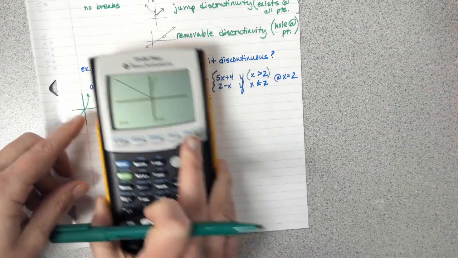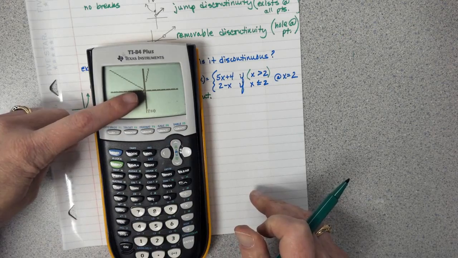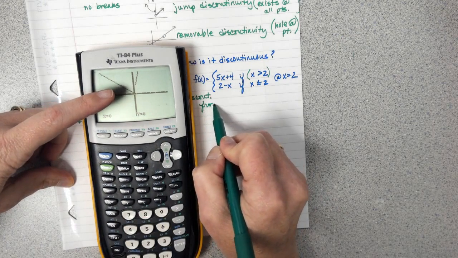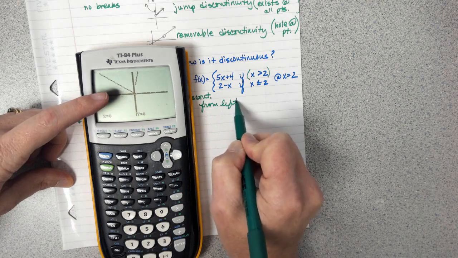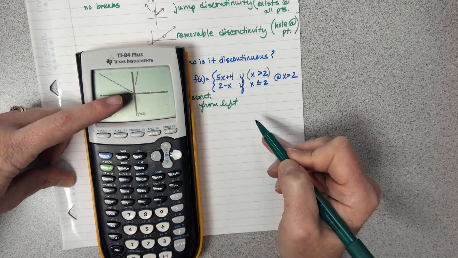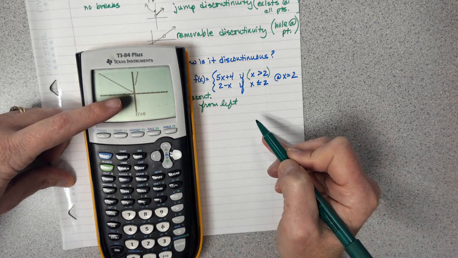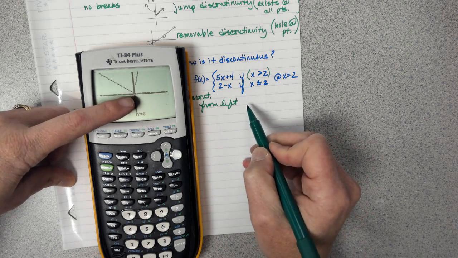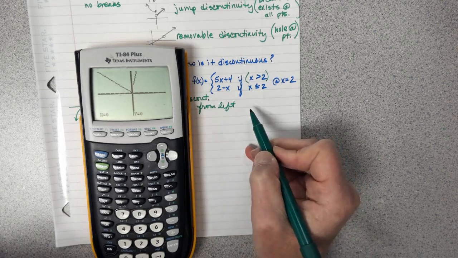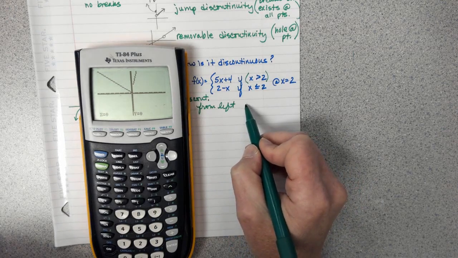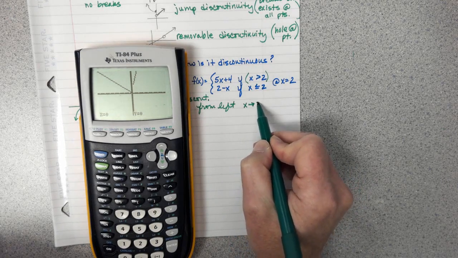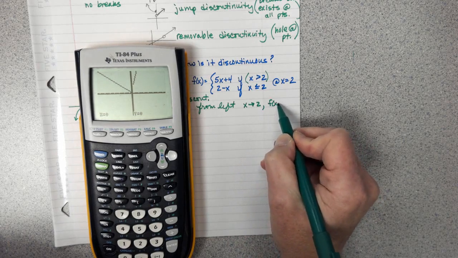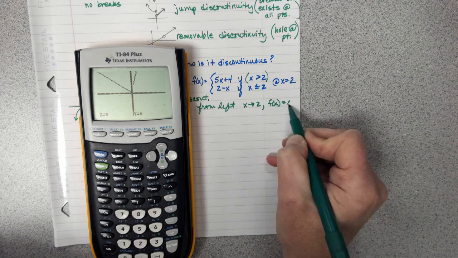So as you're approaching 2 from the left, you can see that the function is approaching what value? It's approaching 0. It's a little bit hard to tell here because we've zoomed out, but from the left, as x approaches 2, the limit of the function goes to 0.